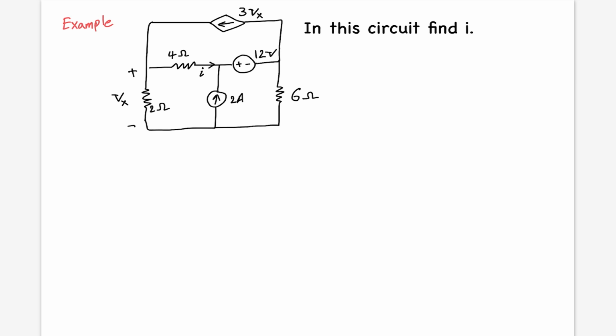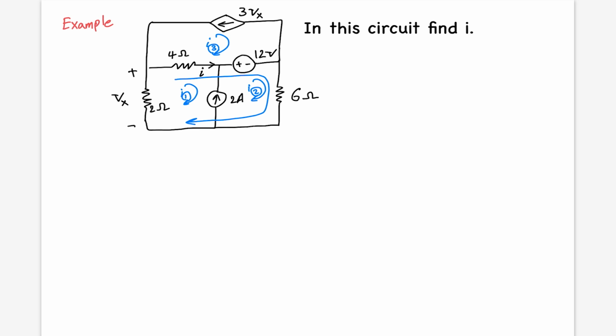So let's call this inner mesh 1, this one inner mesh 2, and this one inner mesh 3. As we can see, this one is between inner mesh 1 and 2. So we will have modified mesh current analysis and we will consider this loop as a supermesh.